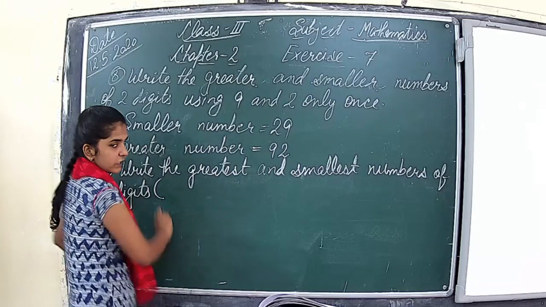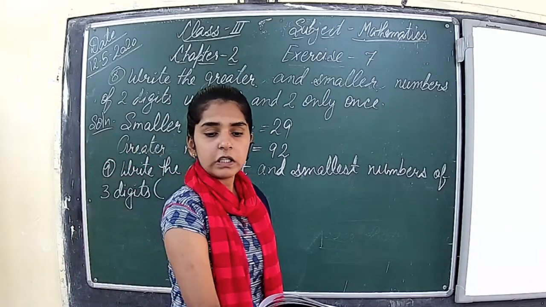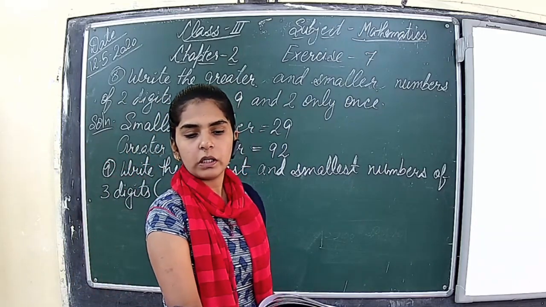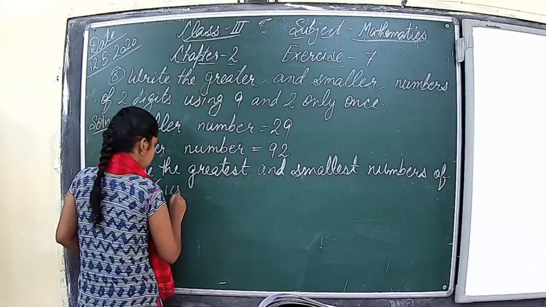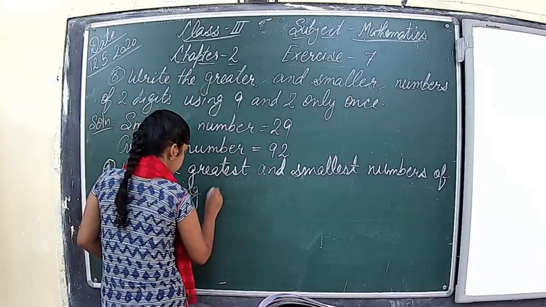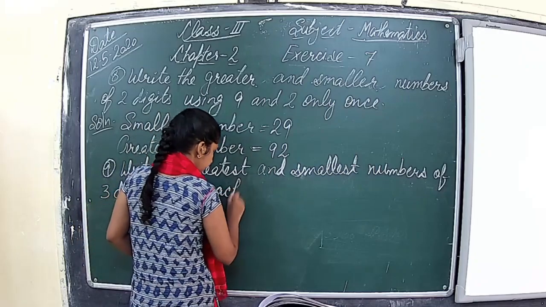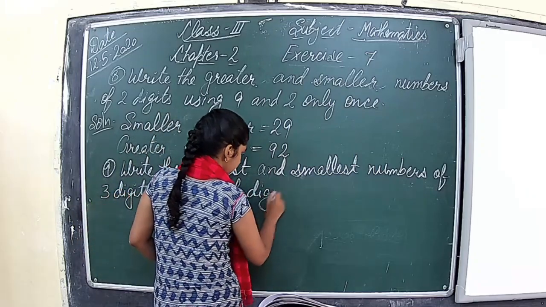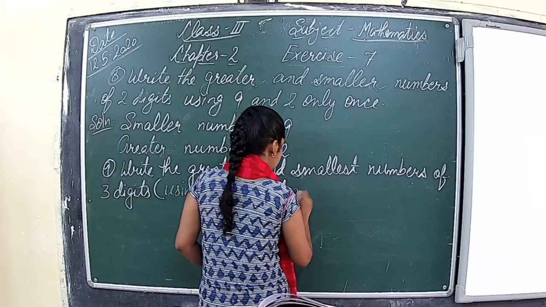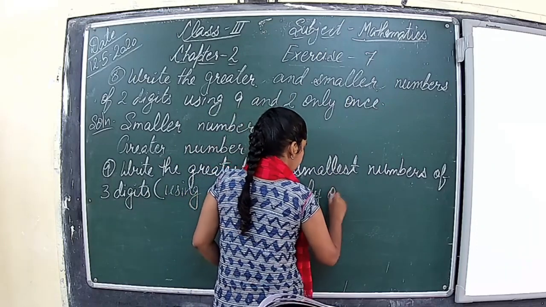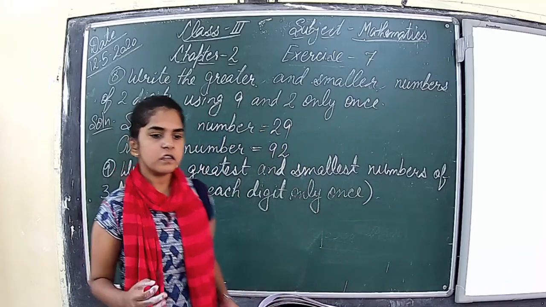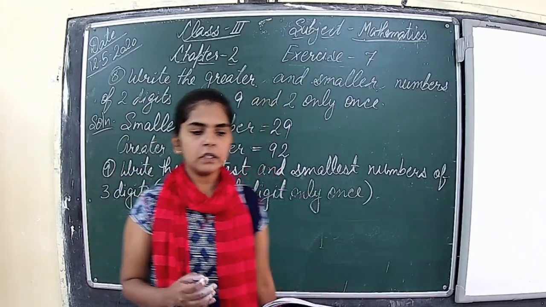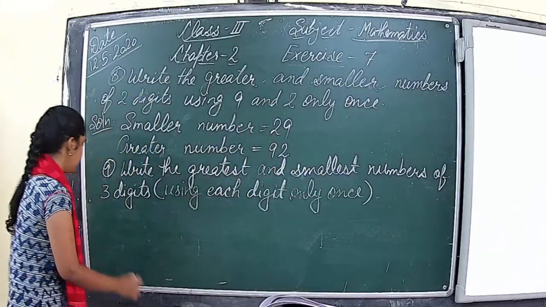And what is the condition here? Using each digit only once. So let us see its first part. Digits are 8, 1 and 2.